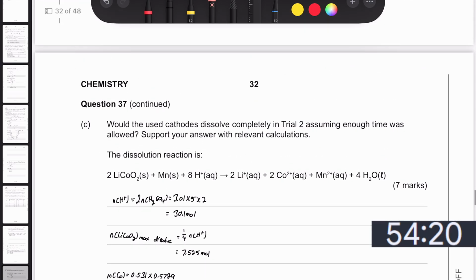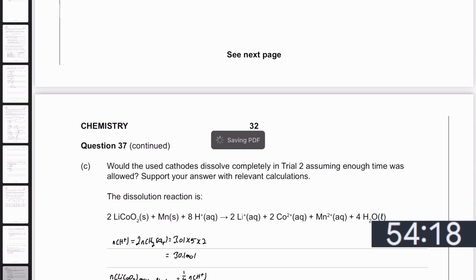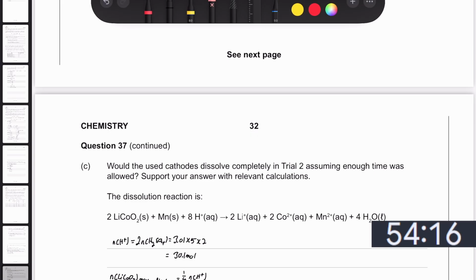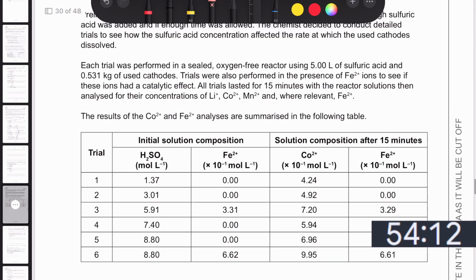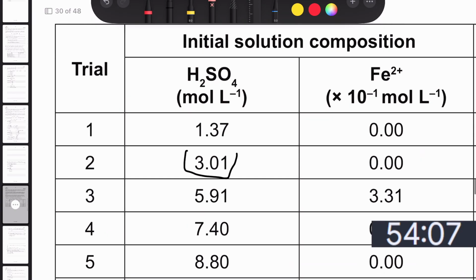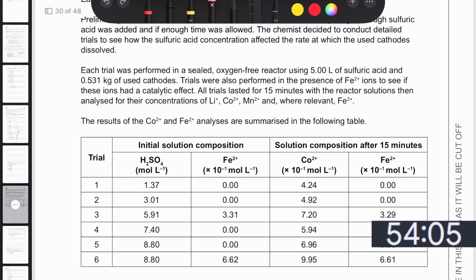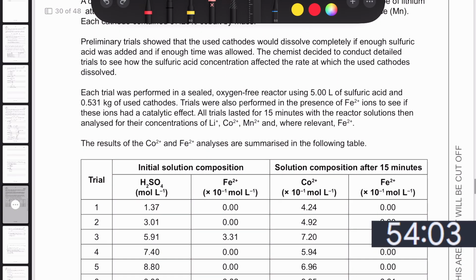Lithium cobalt oxide. Will all my cathodes dissolve completely in trial 2? It's 3.01, and we use 5 liters of sulfuric acid. So there is a lot of H2SO4.